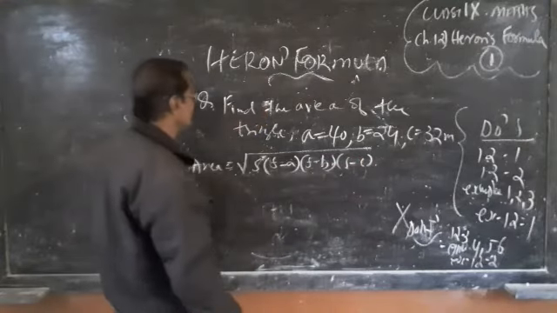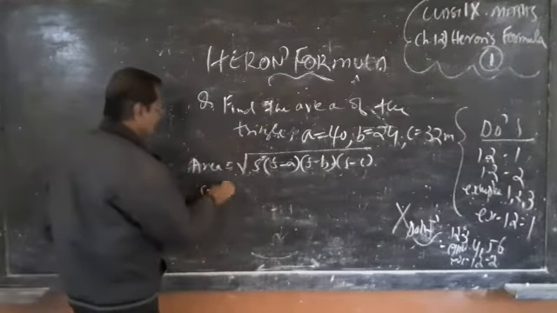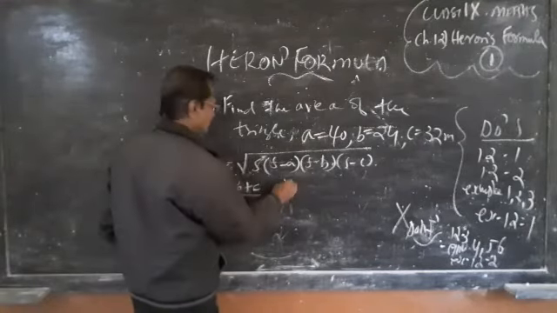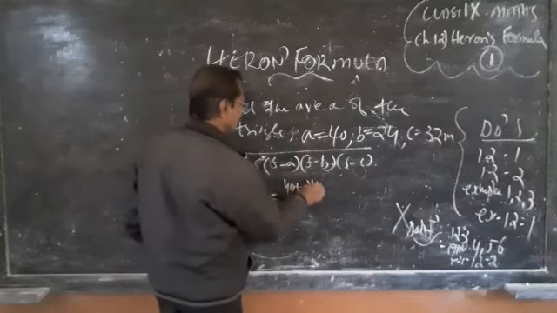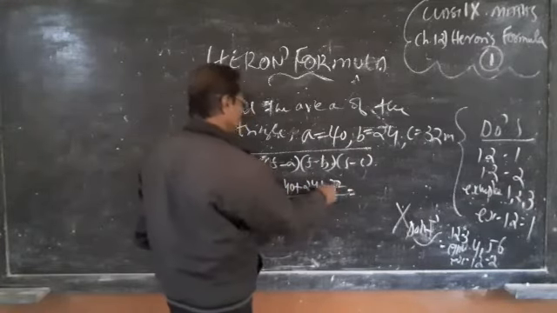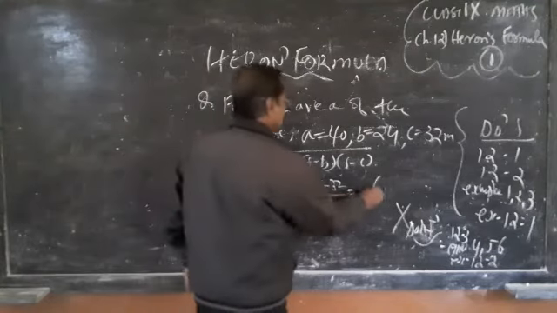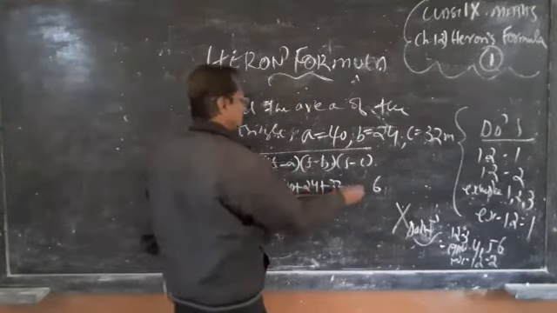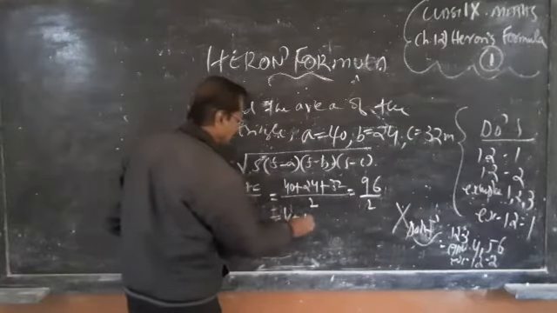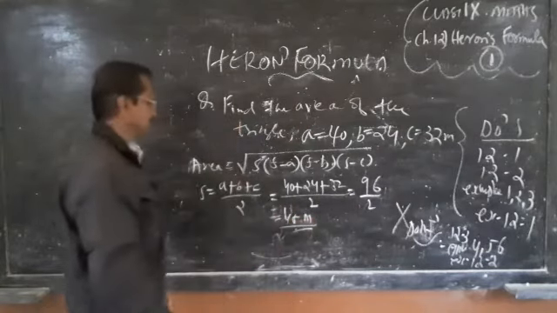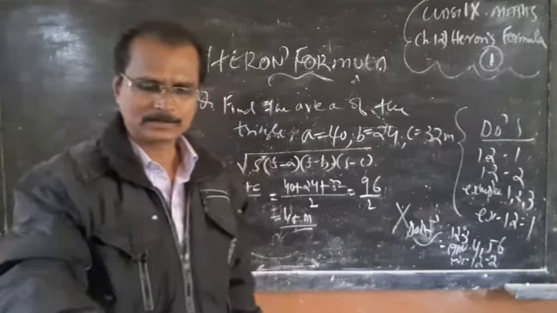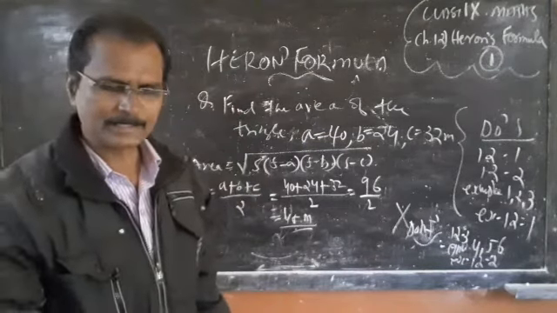First of all we need to find s. s equals a plus b plus c divided by 2, that is 40 plus 24 plus 32 divided by 2, equal to 96 divided by 2, equal to 48 meters. That is s, 48 meters. Now we need to find the area.